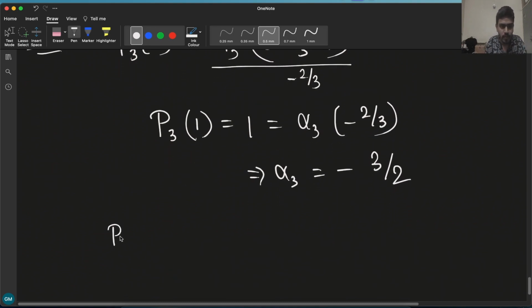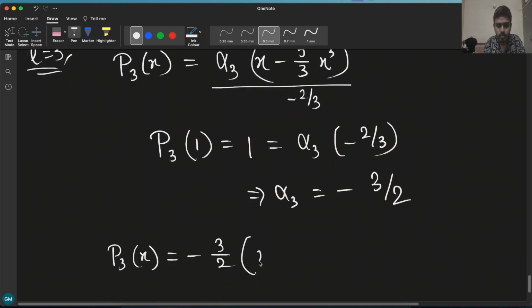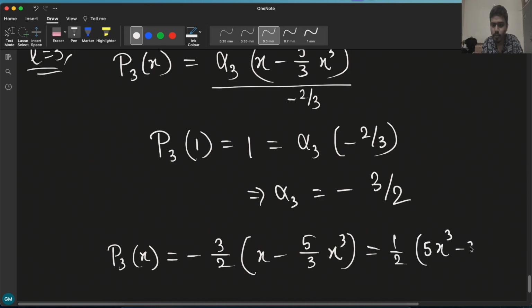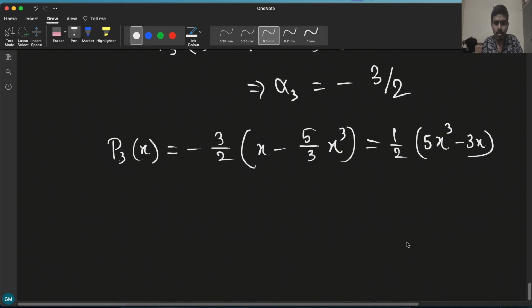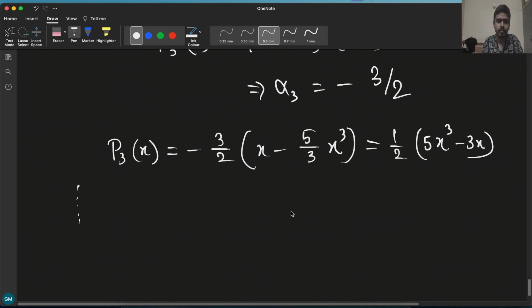So then P3(x) equals minus 3 divided by 2 times (x minus 5/3 x cubed), which equals 1/2 times (5x cubed minus 3x). So this is the P3(x), and so on.